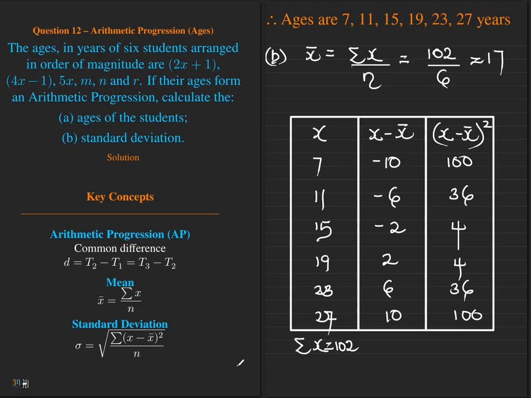If we find the sum of all of these, that is sigma of (x minus the mean) all squared, we have to add all of this. Adding 100, 36, 4, 4, 36, and 100 gives us 280.